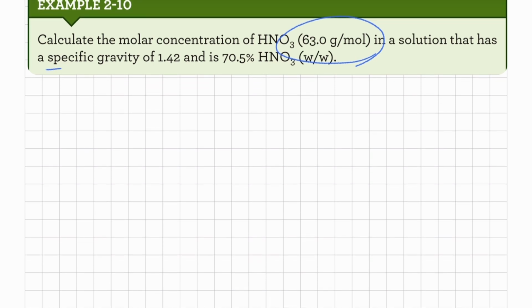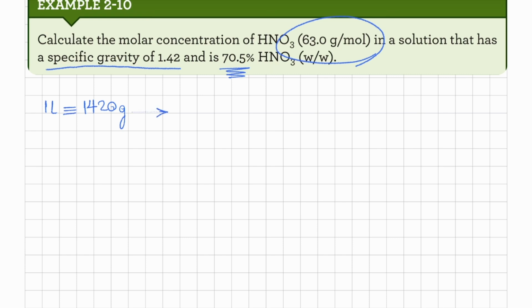Specific gravity is 1.42, which means if we have 1 liter of the solution, the weight of the sample will be 1,420 grams. And by knowing the percent of HNO3, we can easily calculate the amount of this acid.